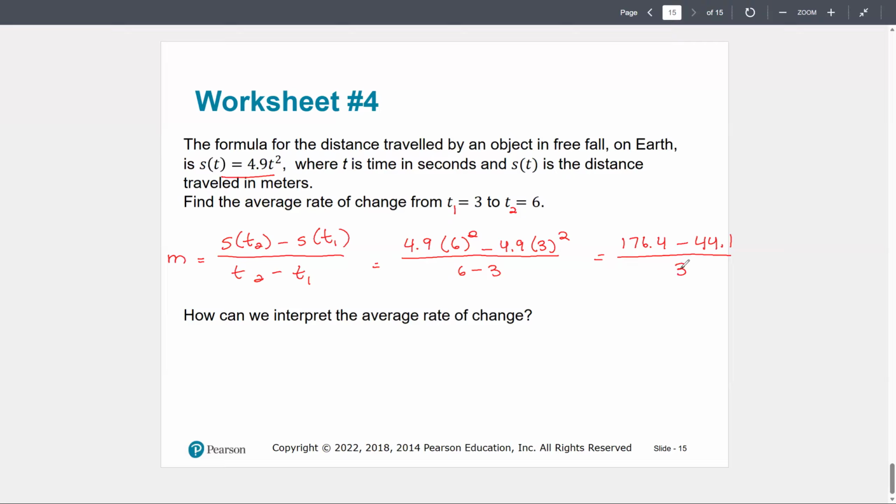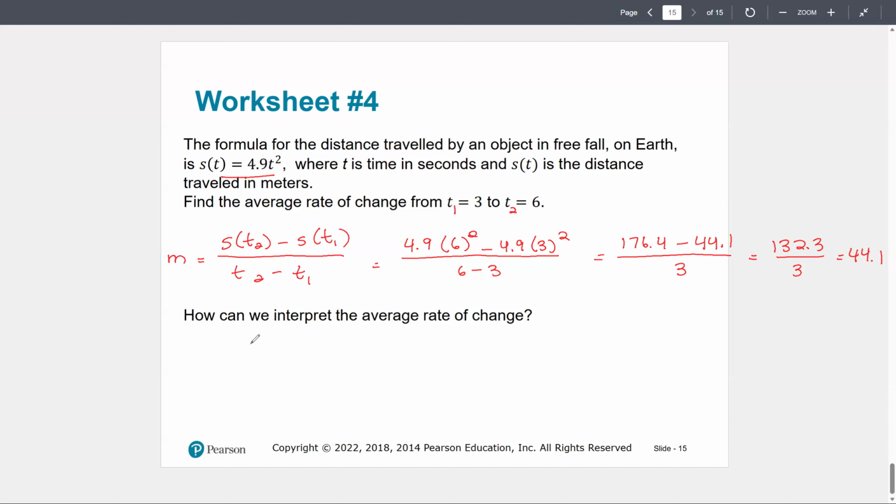And then we're divided by 3. So we got 176.4 minus 44.1. That is going to be 132.3 divided by 3, which is going to give me 44.1. So we did get a number back there.